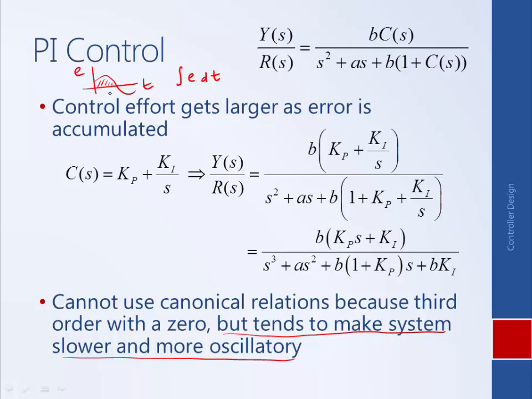So we've built up this positive area. This will still be positive even when the error changes sign. And so what we have to do is sort of unwind the integrator. We have to subtract all of this error off, subtract what's been built up in the integrator, before we can start to push in the other direction. And so this can tend to make the system slower to react and can also tend to make it more oscillatory.